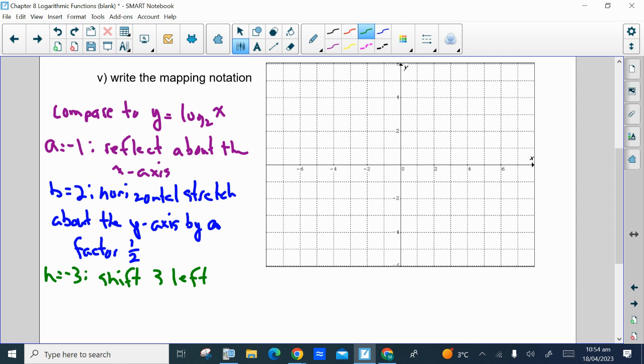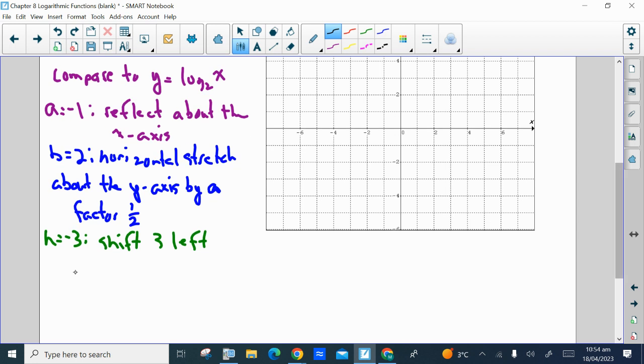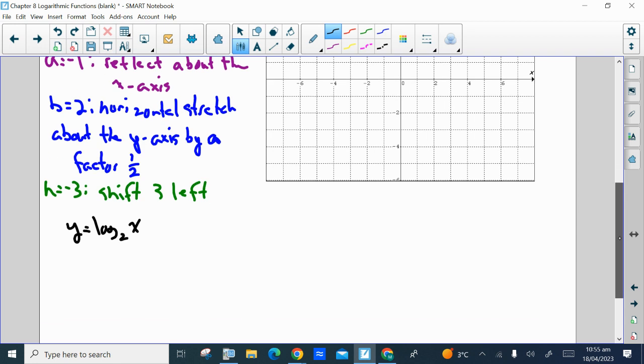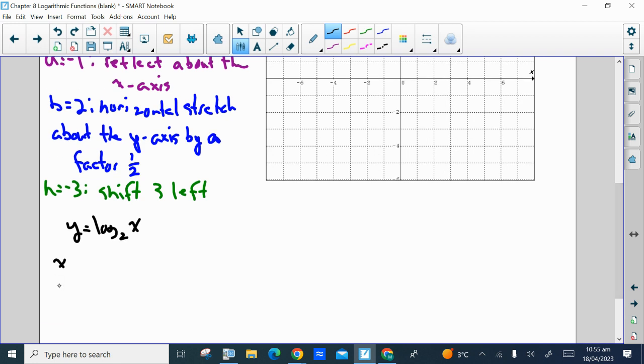But this is a transformation of y equals log base 2 of x. So for y equals log base 2 of x, we're going to get a table of values for this. And we can get it using our calculator or just using some logic, right?